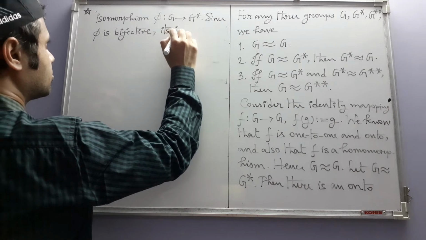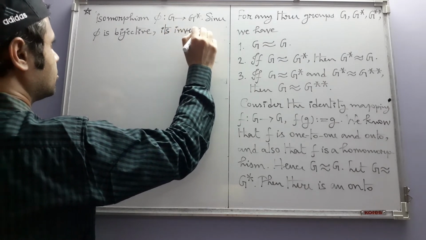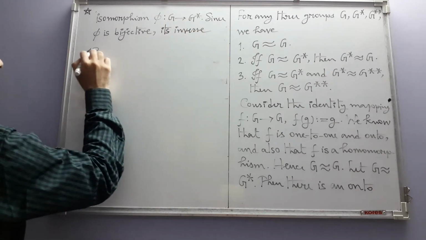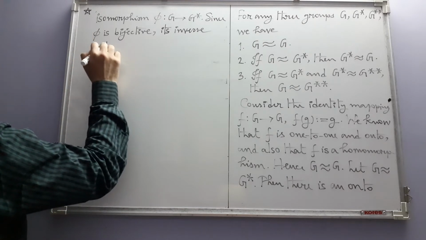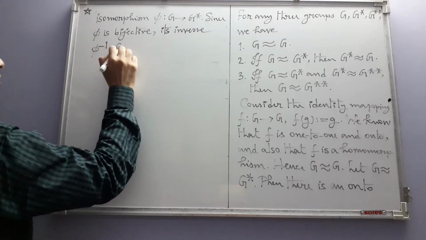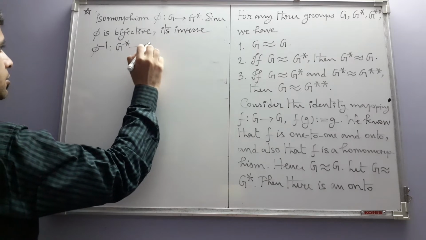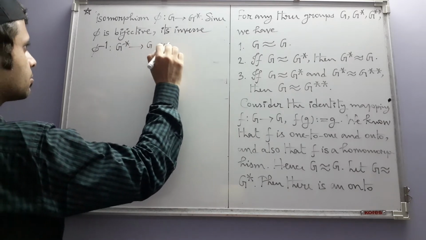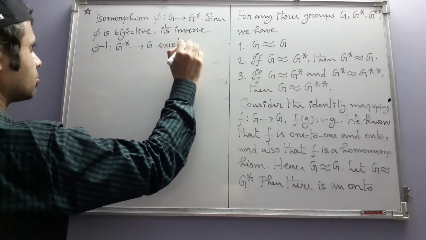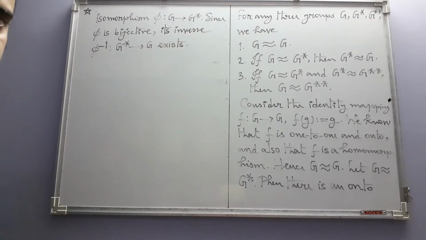Its inverse, phi inverse from G star to G, exists. As a mapping, the inverse exists.